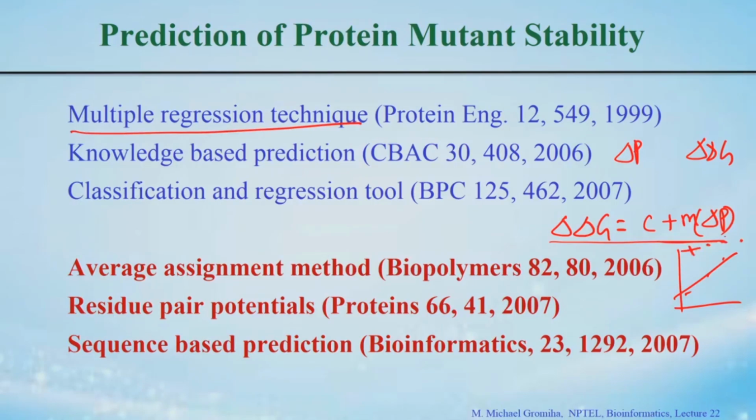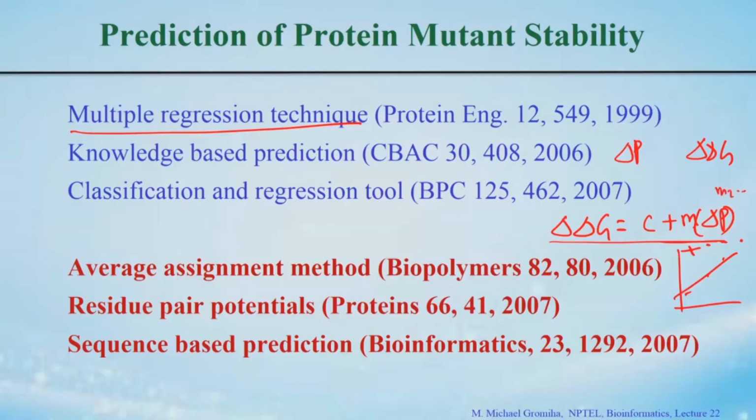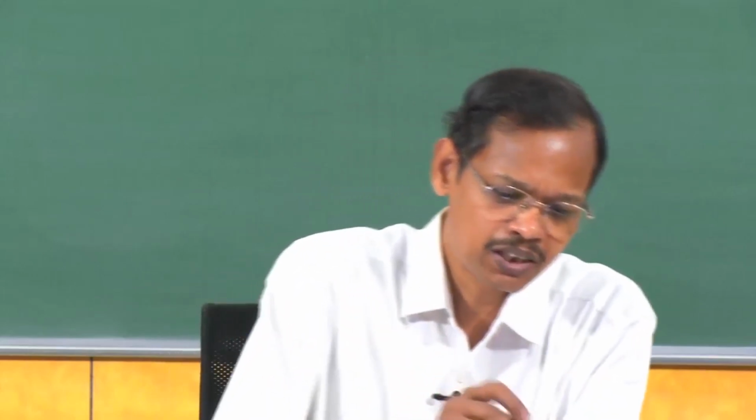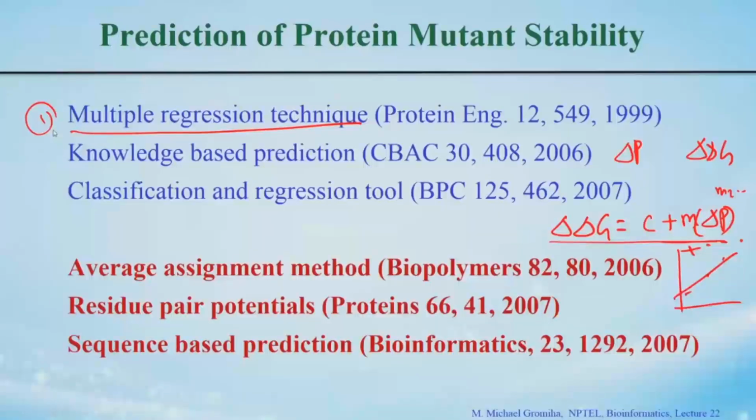We try to fit these equations with known values using the principle of least squares, and we get the constant values, the coefficients m1, m2 and so on. Once the coefficients are known, for any mutant you calculate the properties and use this equation to predict the stability. This is based on the multiple regression technique.